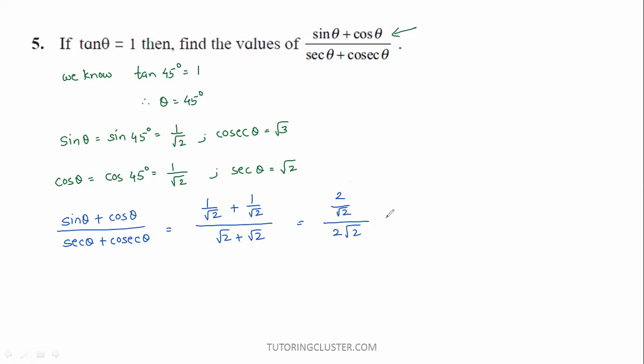So 2 upon root 2 into 1 upon 2 root 2. The 2 will get cancelled out. So 1 upon root 2 into root 2, which is nothing but 1. This is your answer. Is it clear? Very easy.